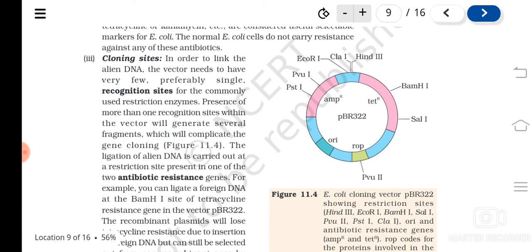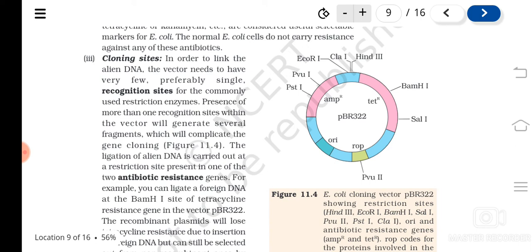For example, foreign DNA at the BamH1 site. You can see this is a vector, the diagram of the vector pBR322, and it has different restriction sites like HindIII, EcoR1, BamH1, SalI, PvuII, PstI, ClaI.